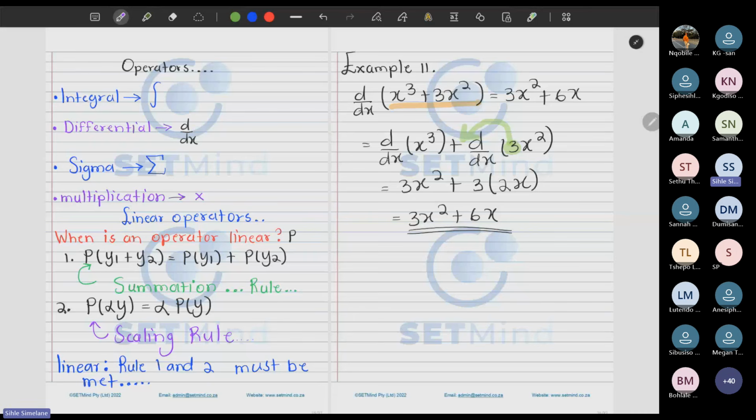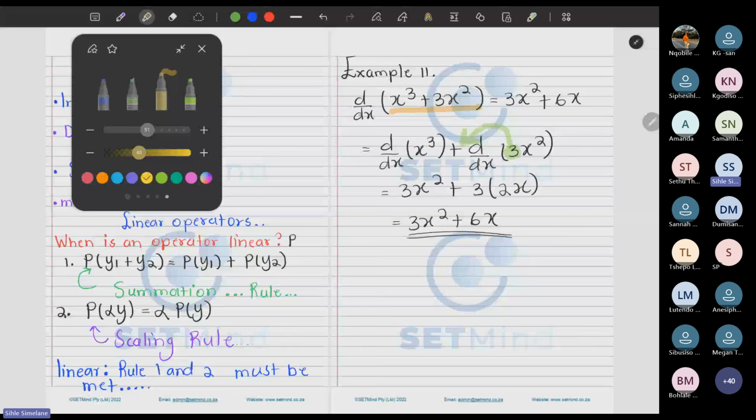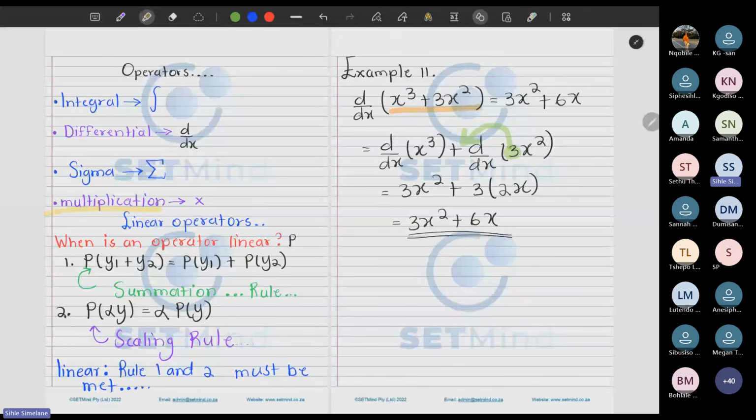So if you understand, then I'm going to introduce D operators, and then we look at maybe 5 examples. But keep this in mind about linear operators. Make sure that you keep it in mind.